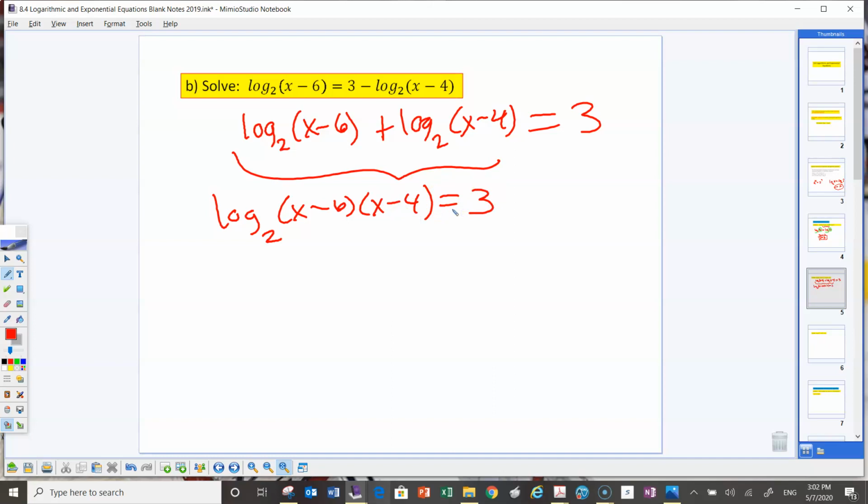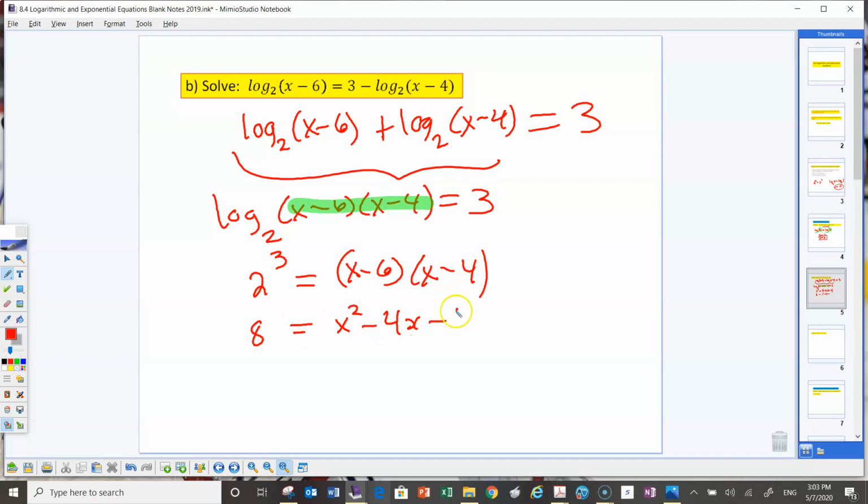Now, because I only have a single logarithm on one side, I have to convert to exponential form. So 2 raised to the power of 3 is going to equal whatever's inside the logarithm. So it's going to equal x minus 6 times x minus 4. 2 to the third is 8. I'll FOIL out the right-hand side.